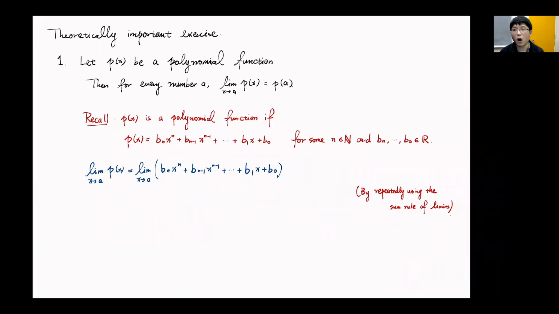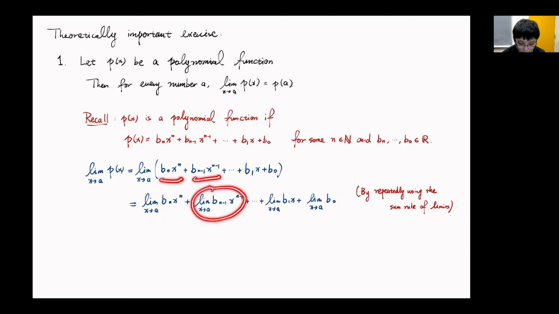I can repeat this whole process until I kick out every single thing after b sub n x to the n. At the end of the day, what I obtain is the limit of the first term plus the limit of the second term plus the limit of each individual term over here. So that will be the sum of limits like this. All right, so this is done by repeatedly using the sum rule of limits.